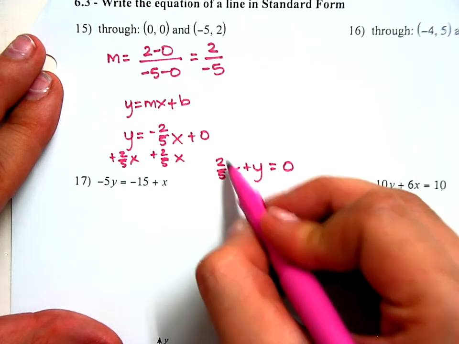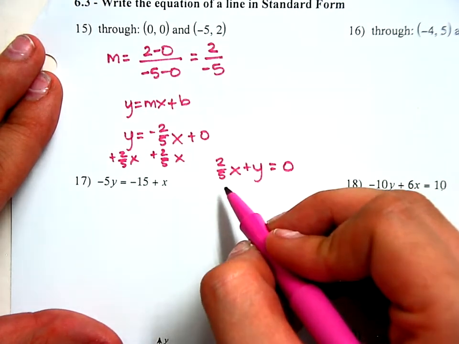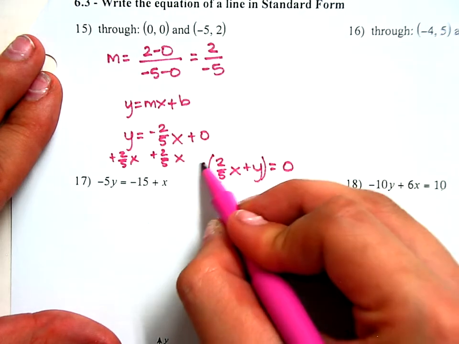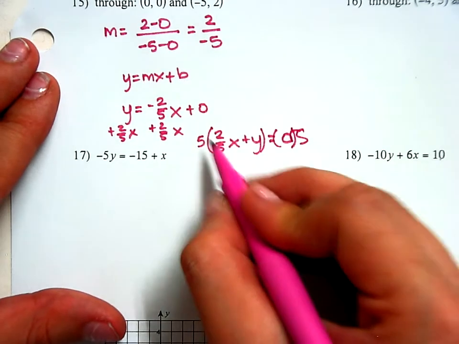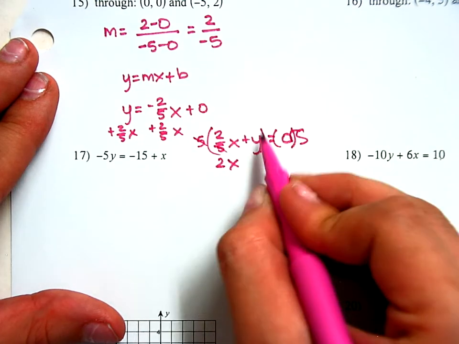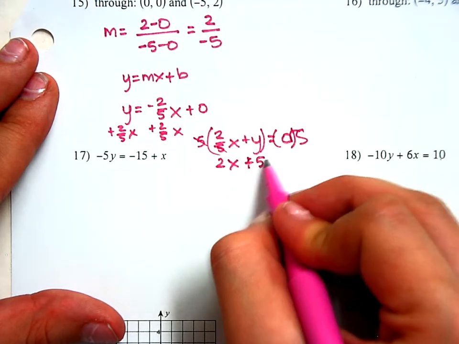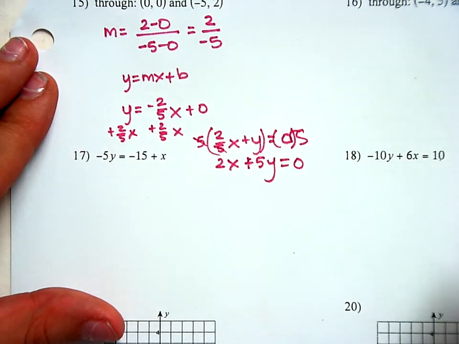So if I want to get rid of a fraction, remember, if I don't want that denominator, I'm going to do the opposite. So I'm going to multiply everything by 5. All right, so here the 5s are going to cancel. I've got 2x. 5 times y is 5y, and then this is just 0. Okay, a little funky, but that is standard form.